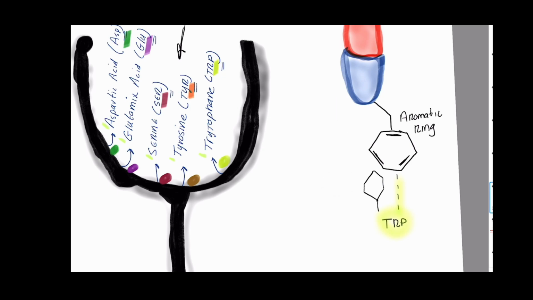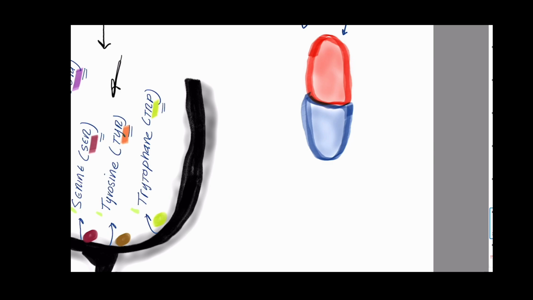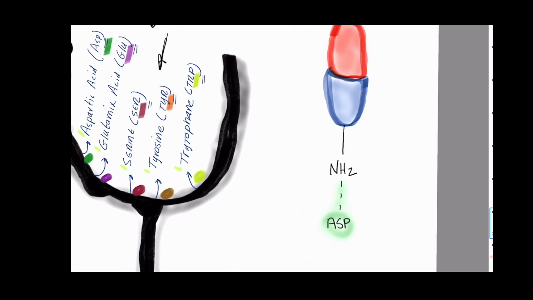Now let's just go over one more so that we have more examples to really get you guys to understand this. So one more modification that could take place is an amine group can be attached to a drug. And amine groups like to interact with aspartic acid, so they will form hydrogen bonds.